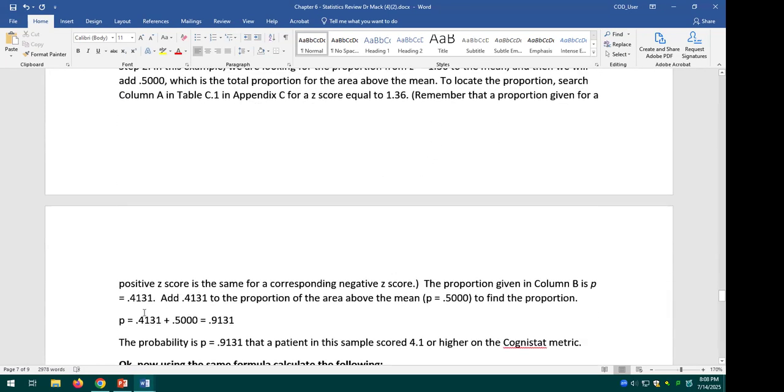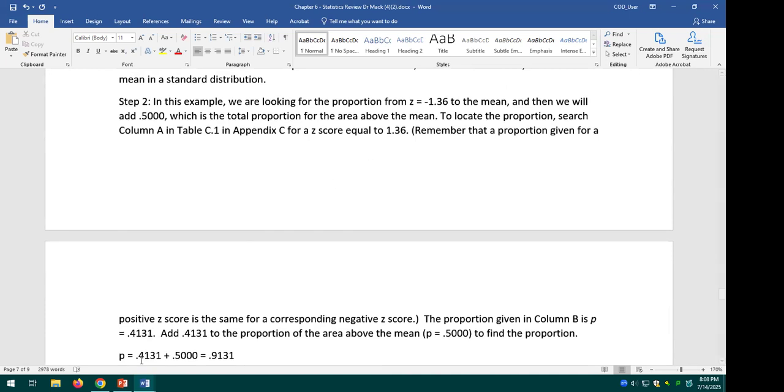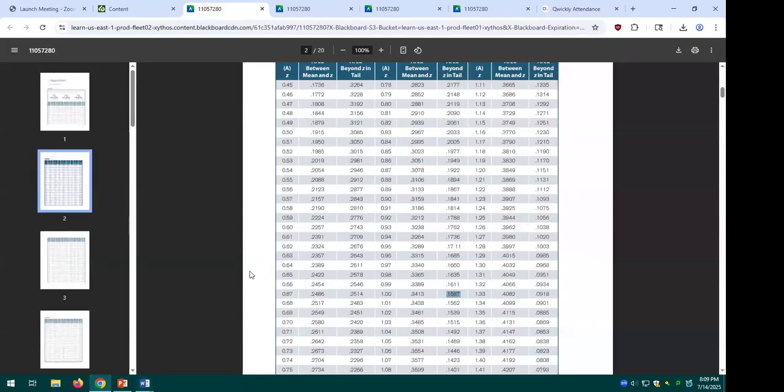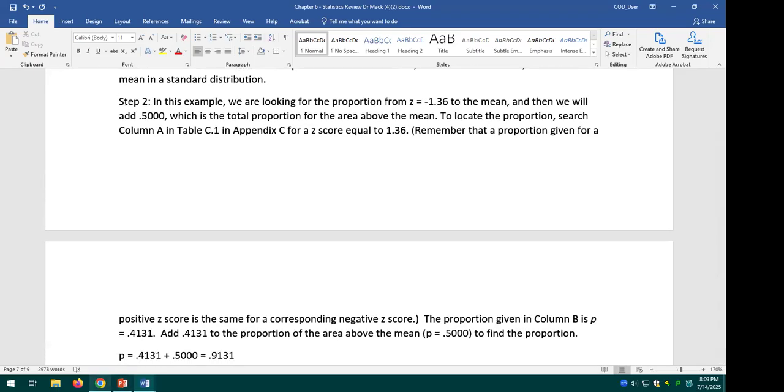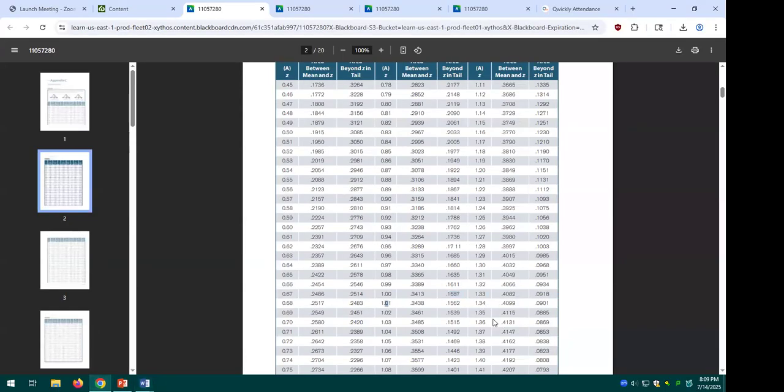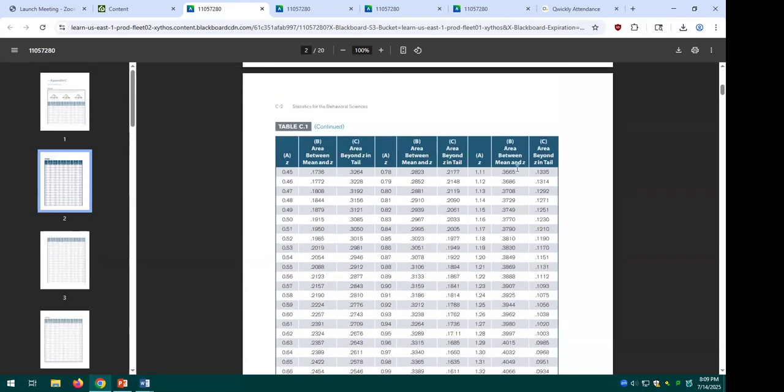So we're going to add our probability of the 0.4131, which if we go back to our score, which was 1.36, right? So 1.36, 0.4131, because that's between the mean and the Z score. And then we're going to account for the other half, the other direction.